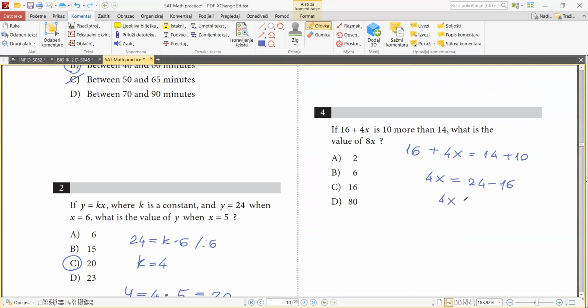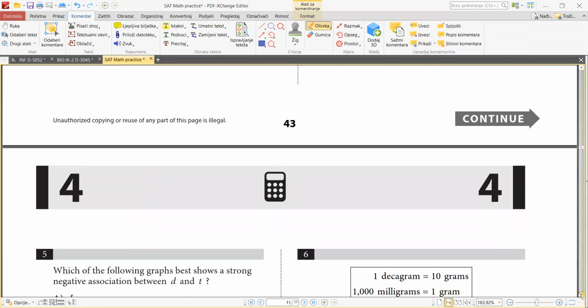We get 4x equals 8, and we want to know the value of 8x. So we multiply by 2, and we get 8x equals 16. So our answer is C.